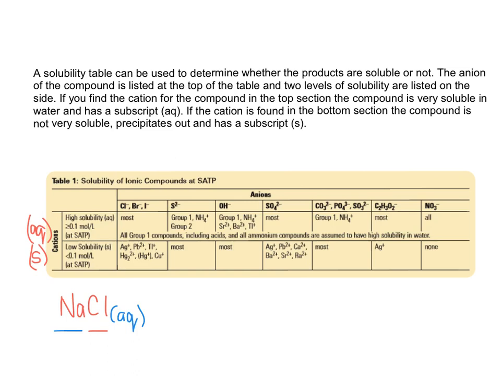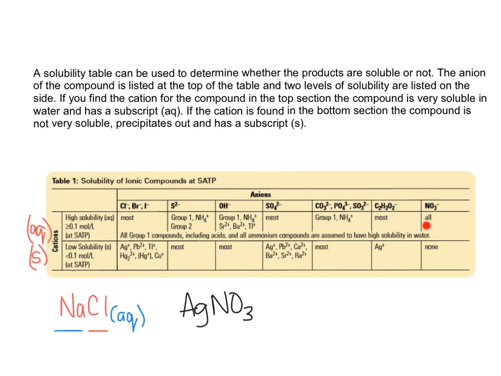Another example. Let's look at silver nitrate. So the anion is the second part. So look up here for nitrates. Here it is.